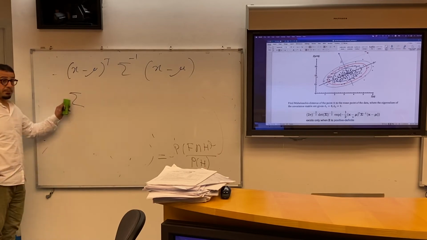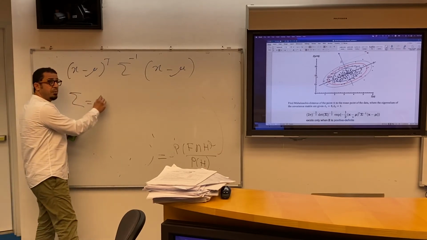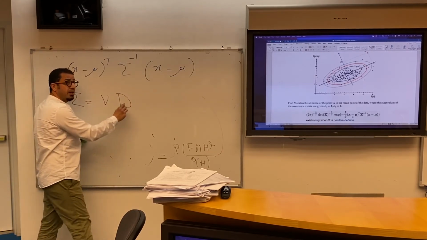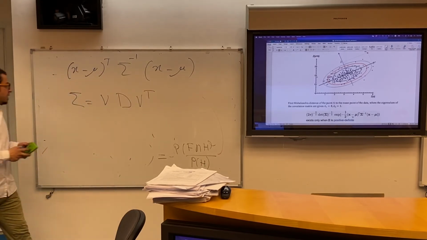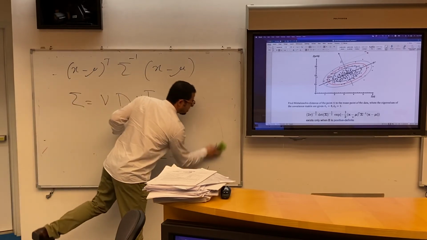This is my covariance matrix. It should be V diagonal V transpose. What is the inverse matrix?